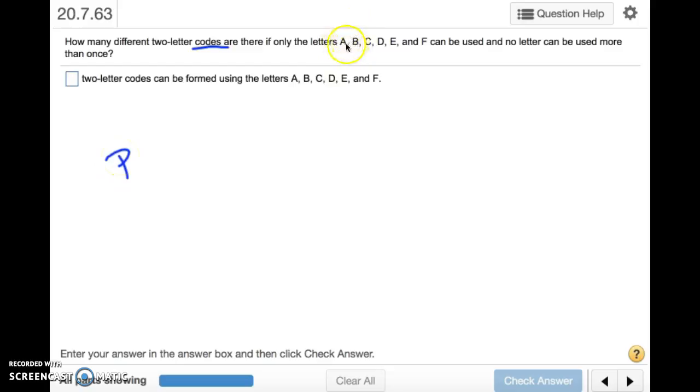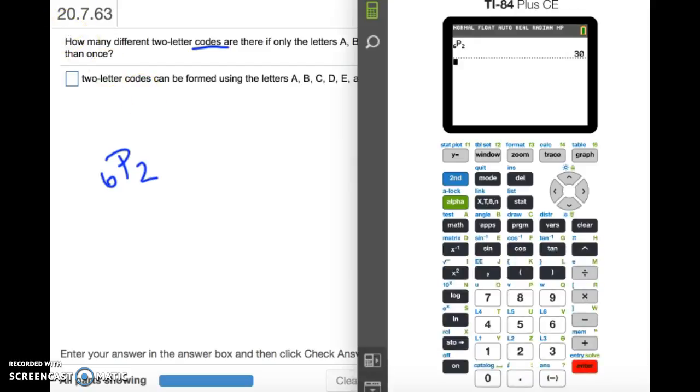Right? How many letters do I have to choose from? 6. And how many letters do I want in my code? 2. So now I'm going to enter this in my calculator. And once I enter that in, I end up with 30.